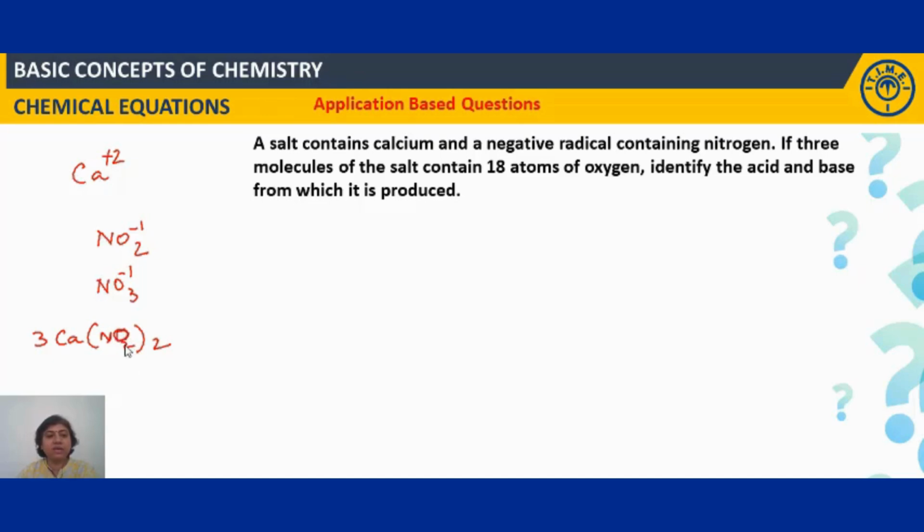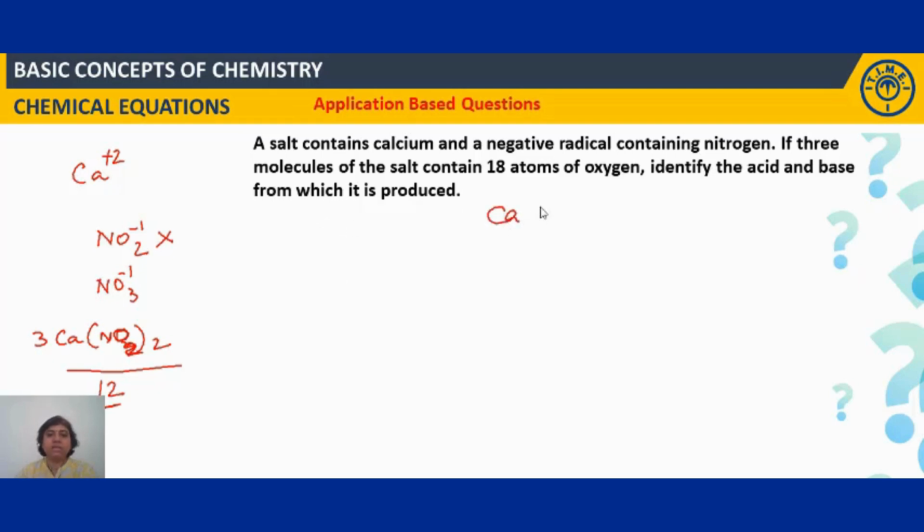This is NO2 taken twice, so in one molecule there are 4 oxygen atoms. That means in 3 molecules of calcium nitrite there must be 4 threes are 12 oxygen atoms. So this is not our negative radical. We will work on the second one.